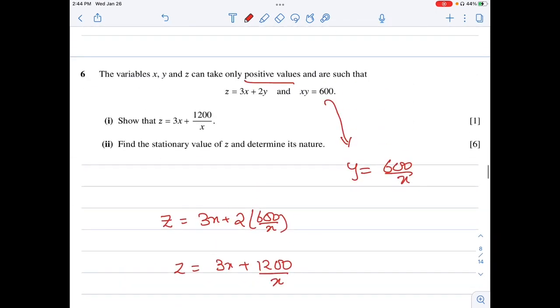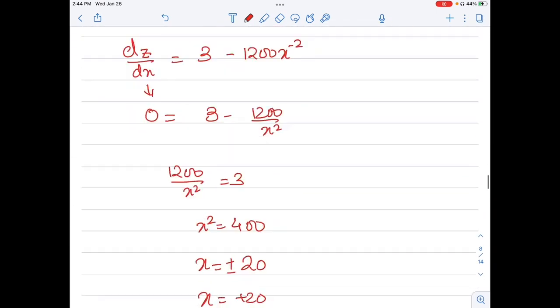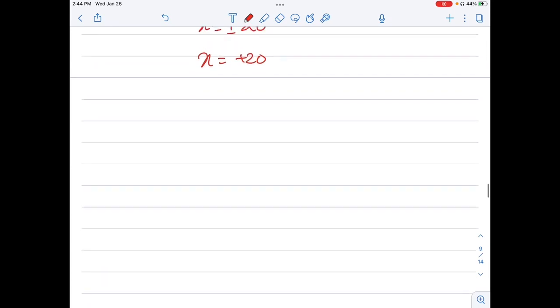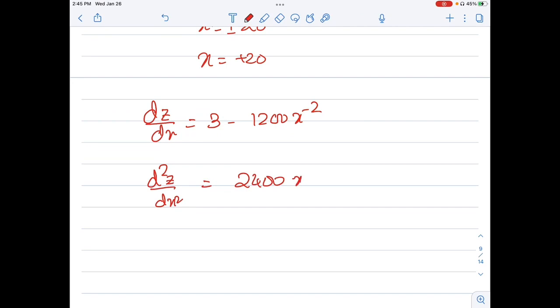What is asked? Find the stationary value of z and determine its nature. So I got dz upon dx as 3 minus 1200 x power minus 2. So I find the second derivative d square z by dx square, which is going to be 2400 x power minus 3. Now I find the second derivative at x equal to 20.